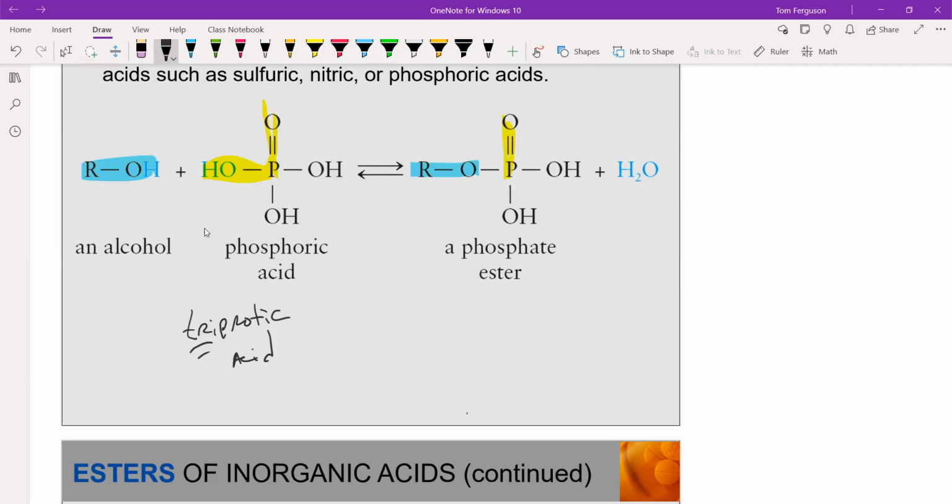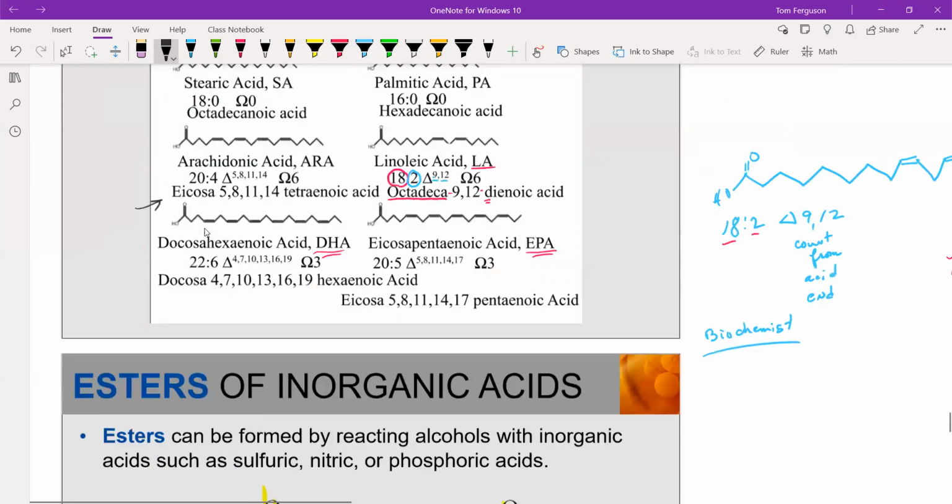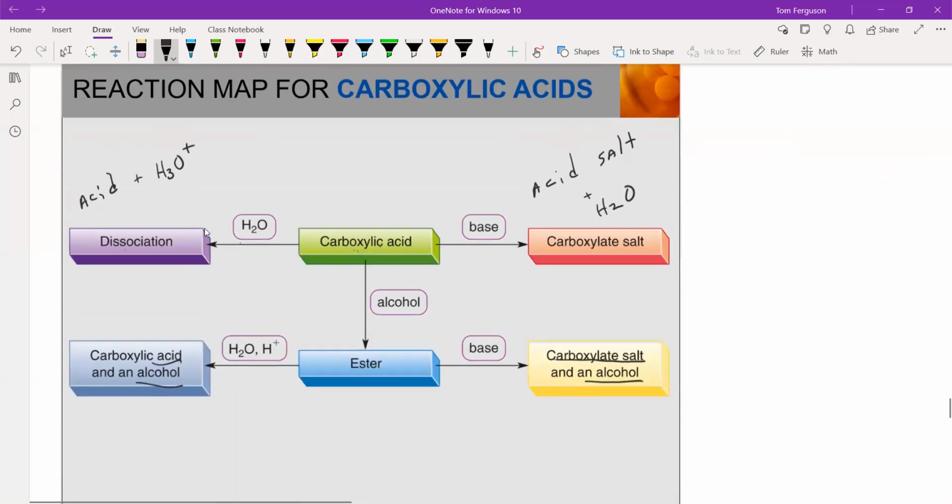For the chart that we had for the esters and the reactions that they undergo, will we be given the chart on the second exam? Yes, you'll have this.